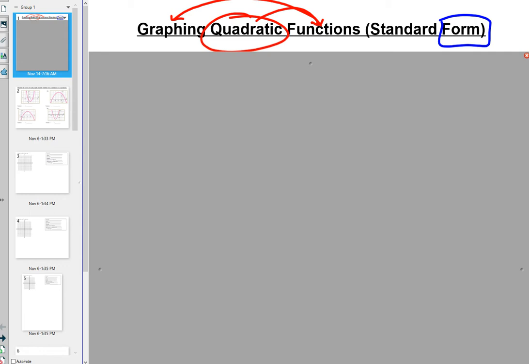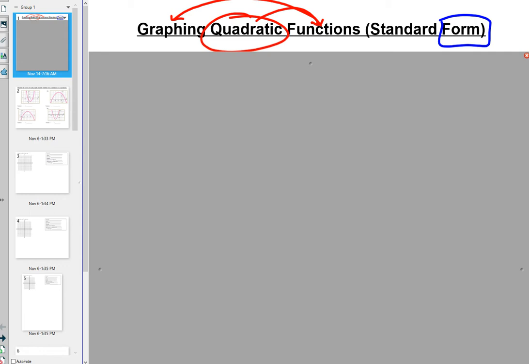What were some of the forms for linear functions? Slope-intercept, sure, that's the big one. Standard, which coincidentally we have another standard here. And one more. Point slope was the other one.